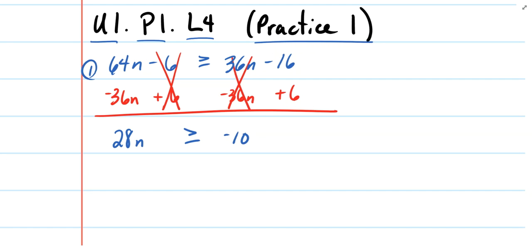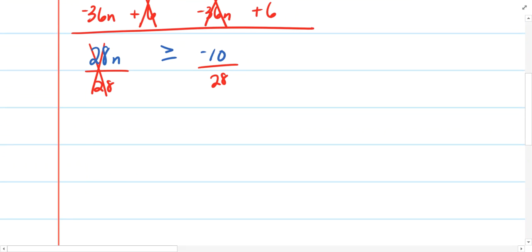To isolate the n value at this point now, we will divide both sides by 28, since that's the opposite of the multiplication that's occurring right now. That'll make the 28 disappear on the left side, and we're now left with a fraction on the right. n must be greater than or equal to negative 10 over 28.